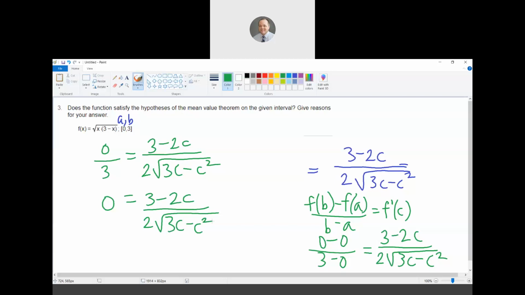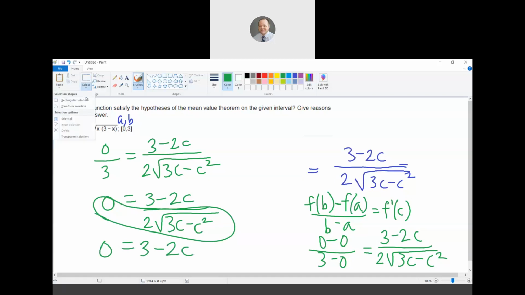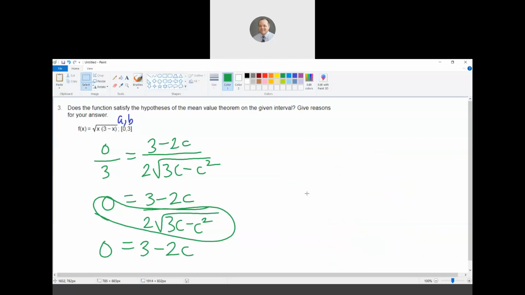And when we actually cross multiply, then what I just circled will become 0 as well. And let's just solve for c. I'll subtract 3, or you can add 2c to both sides.